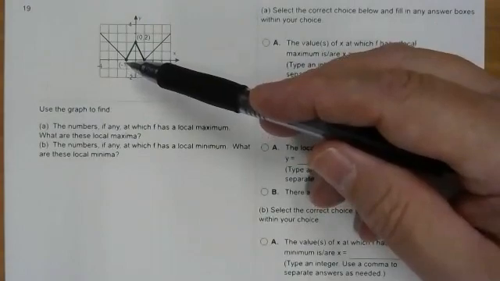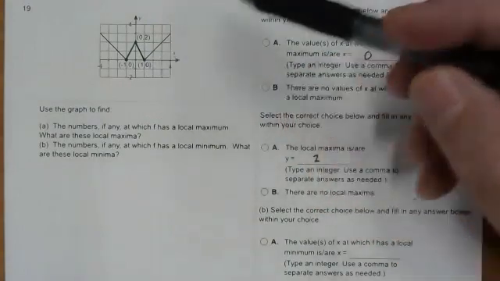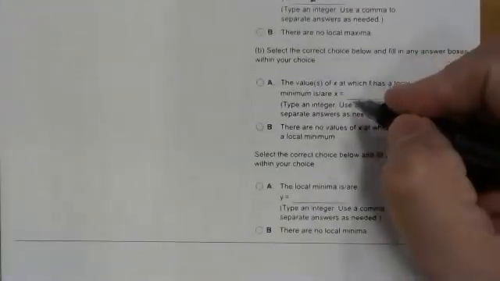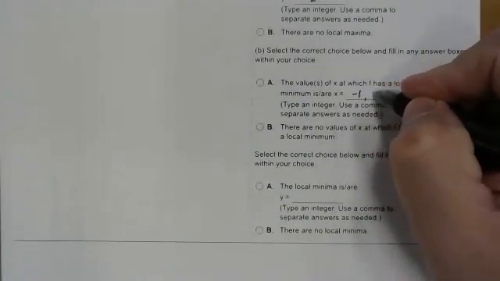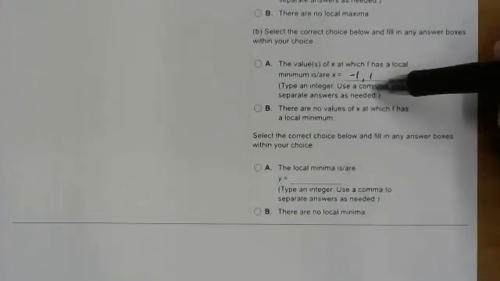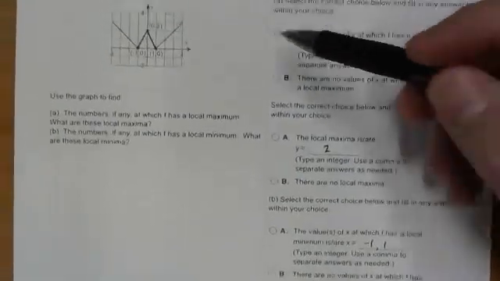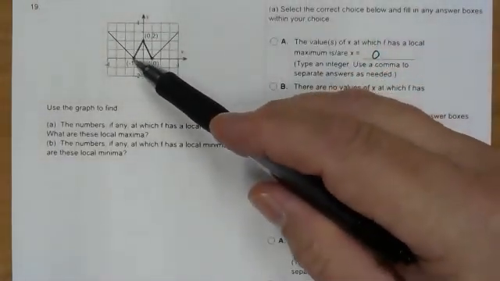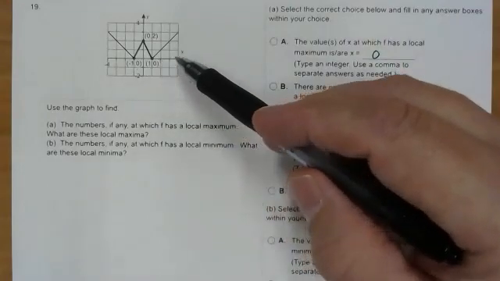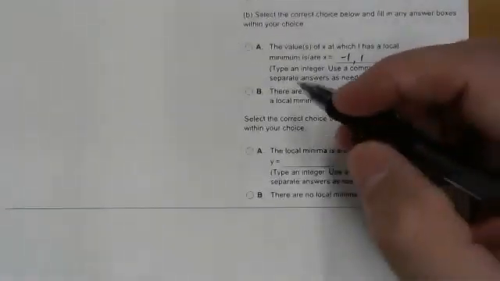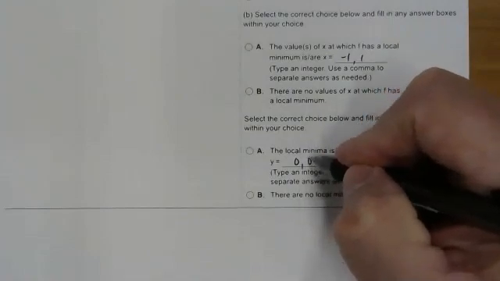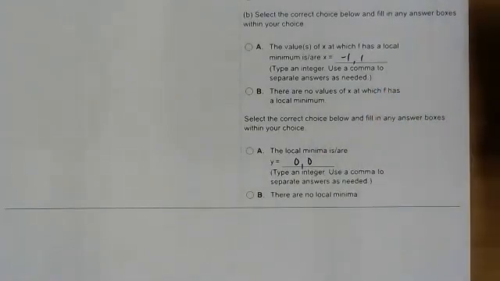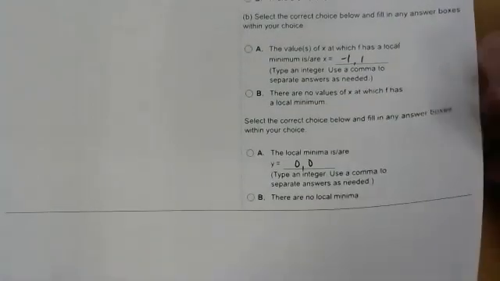Looks like they occur when x is -1 and 1. And then it asks at those local minimums, what's the value of y? Looks like it's right here on the x-axis, so it's 0. All right, not too bad.